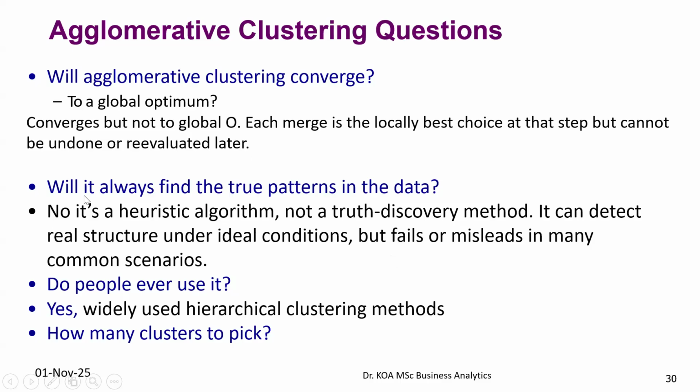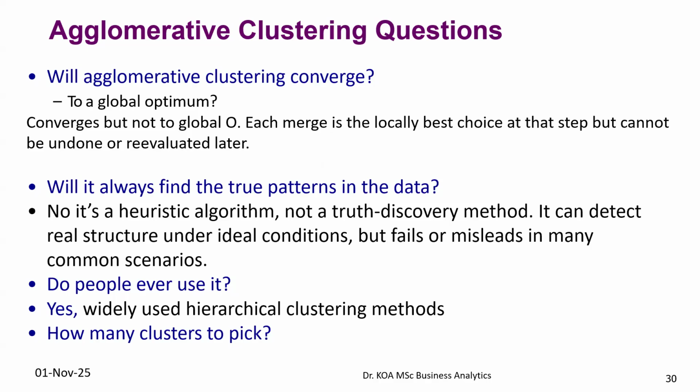Next question. Unfortunately, you see all my answers. Will it always find the true patterns in the data? And the answer is no. Why wouldn't it find the true patterns in the data? Okay, because it's a heuristic algorithm. You are not finding the best, the truth. It's not a truth discovery method.